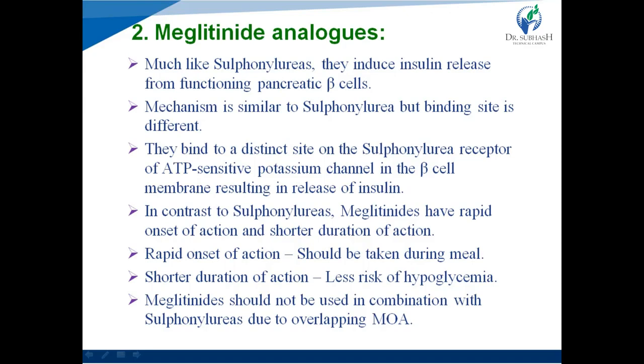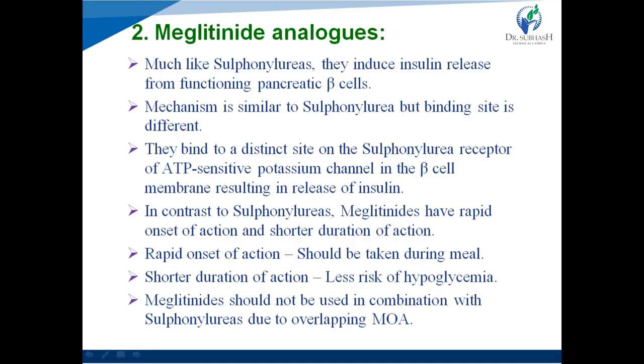The second class is meglitinide analogues. This is also a class of insulin secretagogues, meaning this also enhances secretion of insulin like sulphonylurea. Meglitinide has actions much similar to sulphonylurea, meaning it also acts on pancreatic beta cells and enhances the release of insulin from the beta cell.